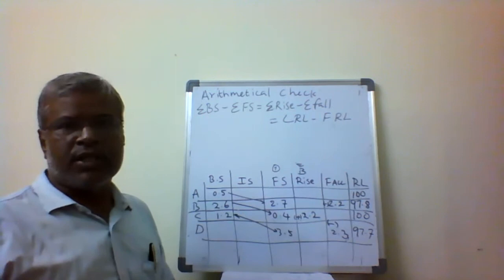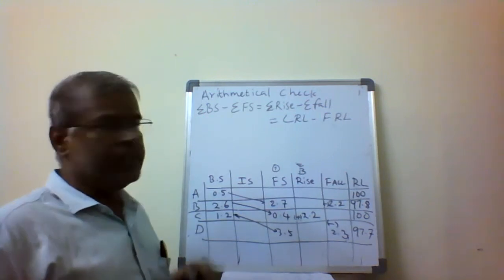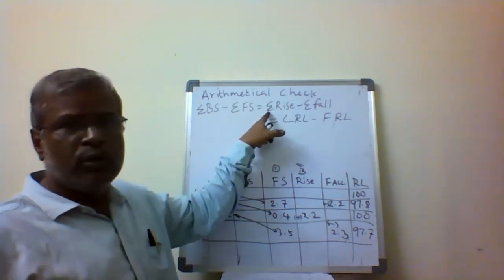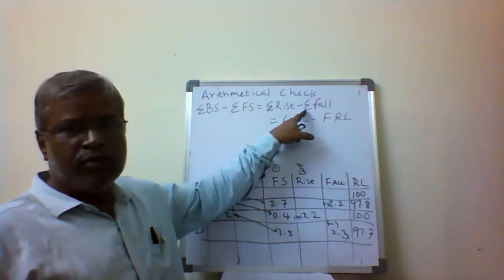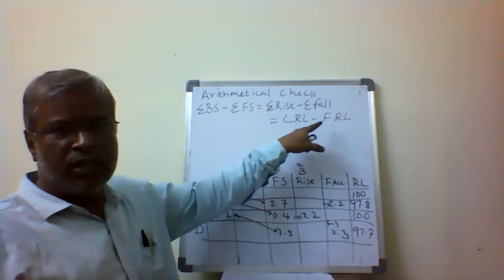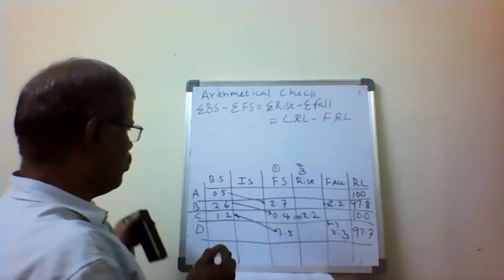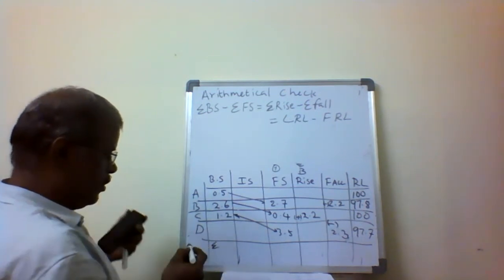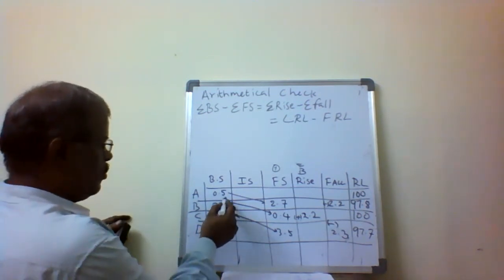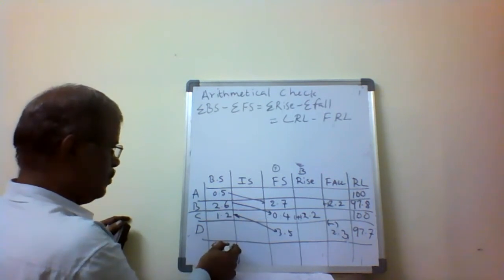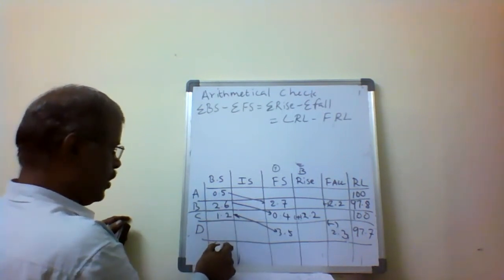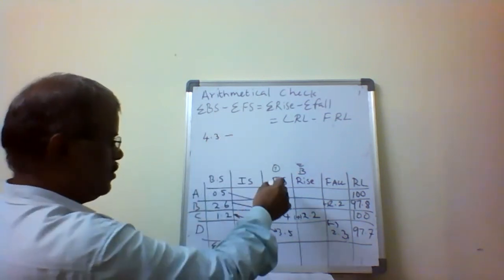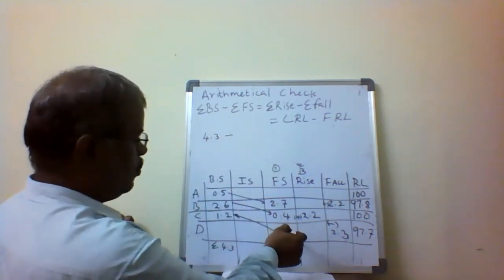So this is the arithmetical check we use for the rise and fall method: the sum of the backsights minus the sum of the foresights equals the sum of the rises minus the sum of the falls, equal to LRL minus FRL. Now sigma Bs: how many backsights are there? 3 backsights, so sigma is 4.3. So 4.3 minus the foresights: 2.7 plus 0.4 plus 3.5.